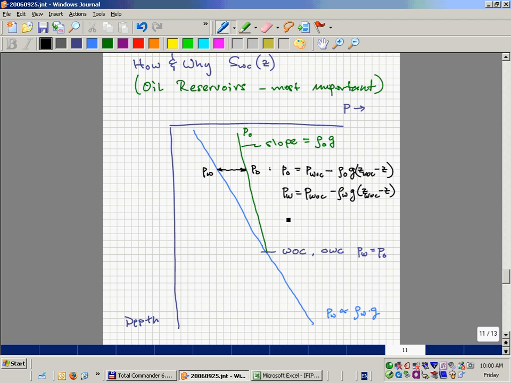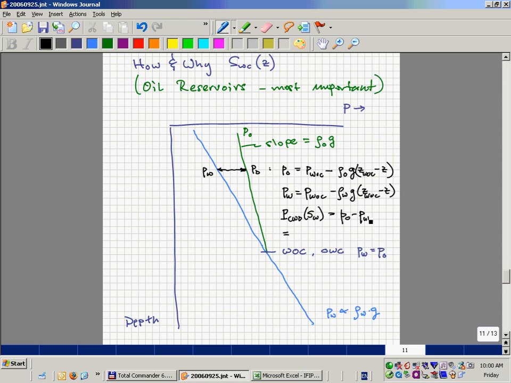So we know from our capillary pressure curve what the water saturation is at a given difference between these two. Right? But this can be written as oil minus water pressure.